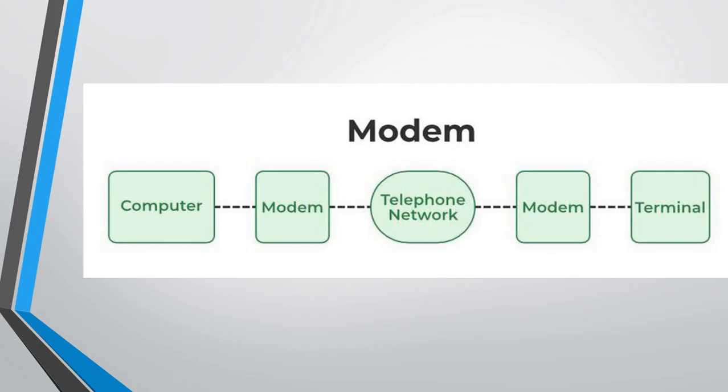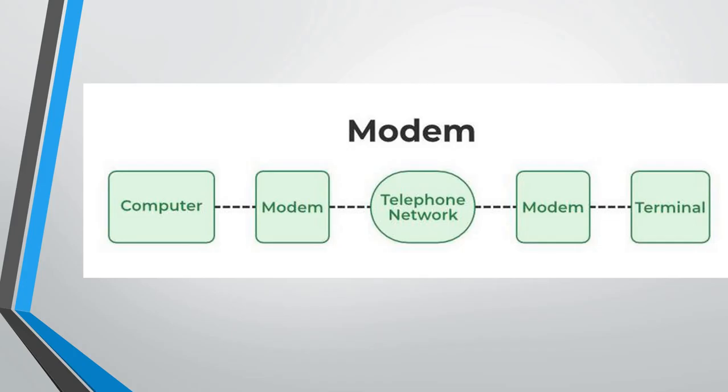Next comes the modem. This modem converts digital signals from our computer into analog signals for transmission over telephone lines, cable systems, or through a fiber. See in the diagram, we have a computer at the client side and a terminal at the receiver side. A computer which needs to send data does so through a modem and through a telephone network.